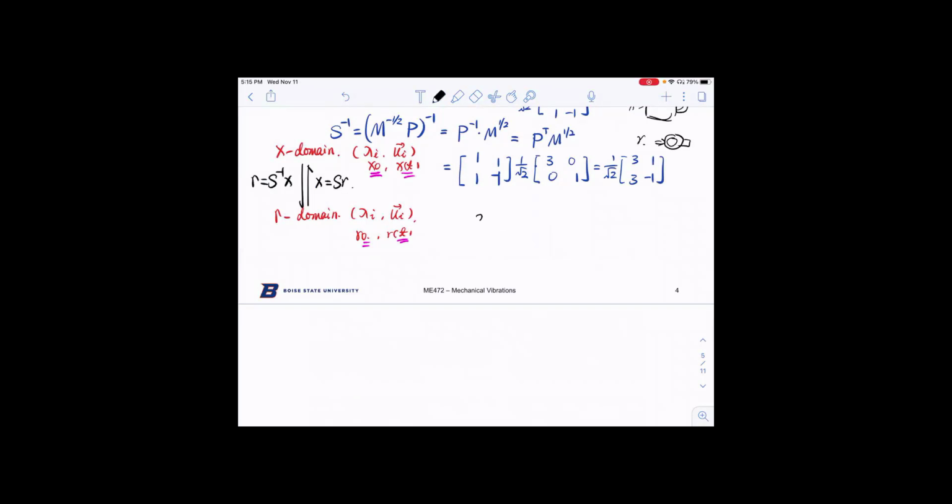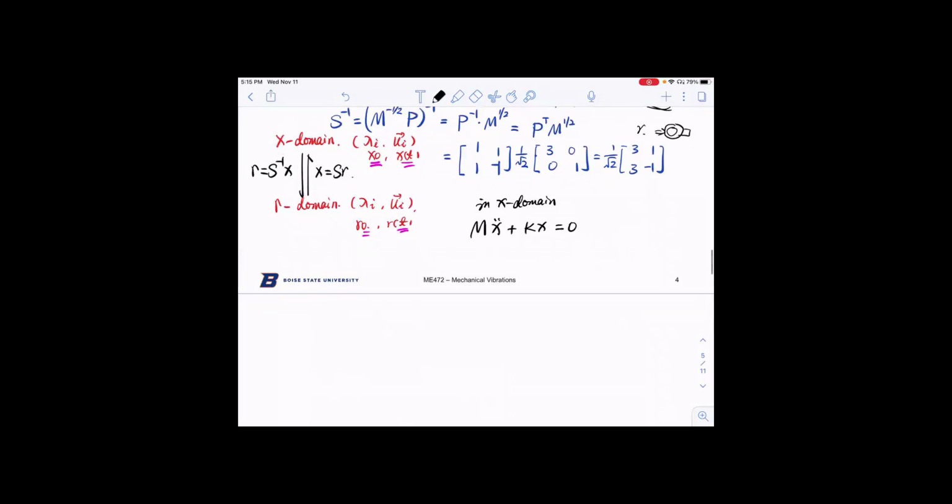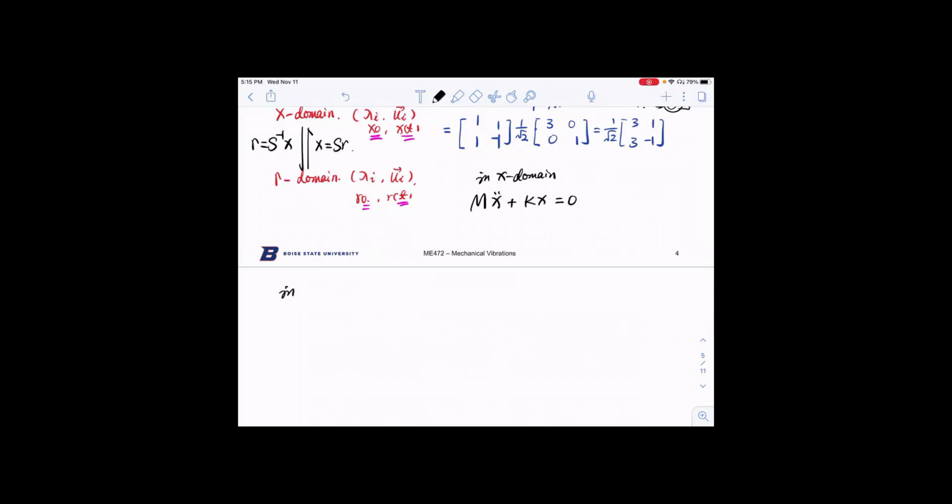So in X domain, you have M X double dot plus KX equal to 0. So as I said, we want to look at the same system, but in R domain.